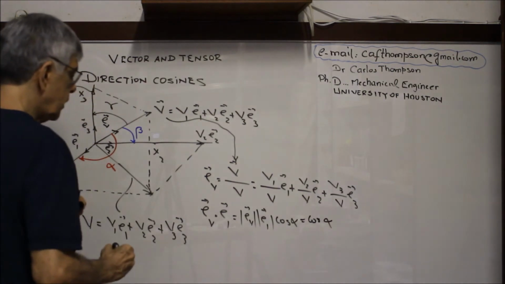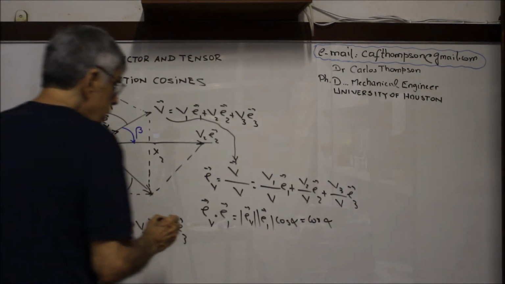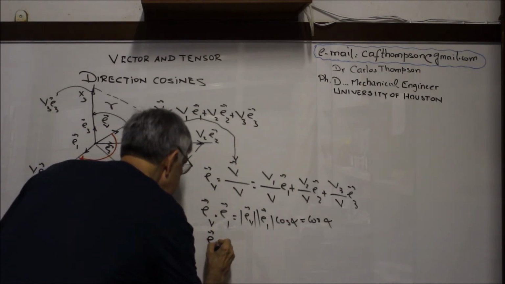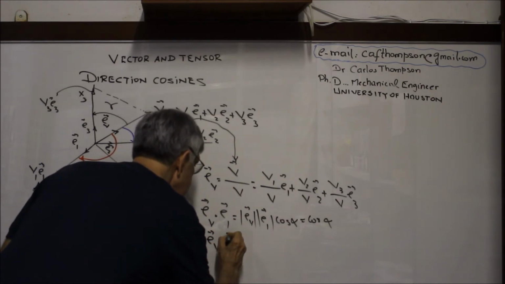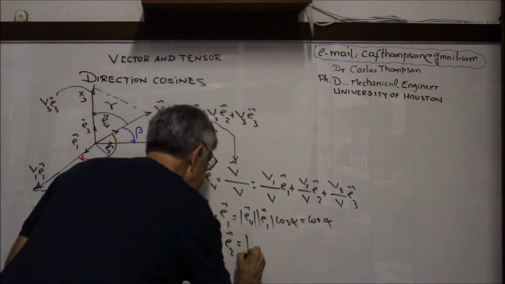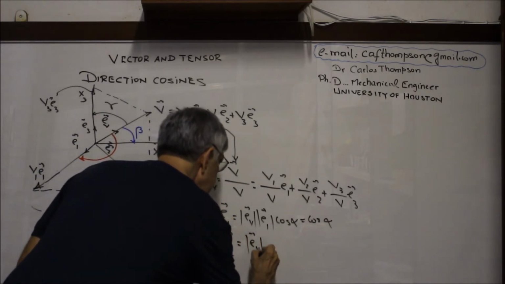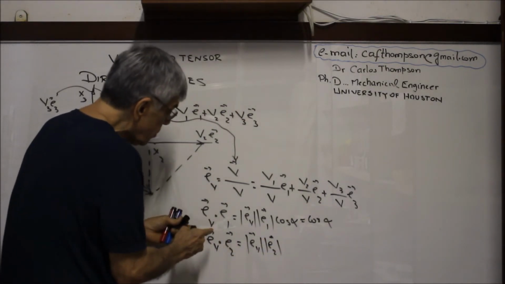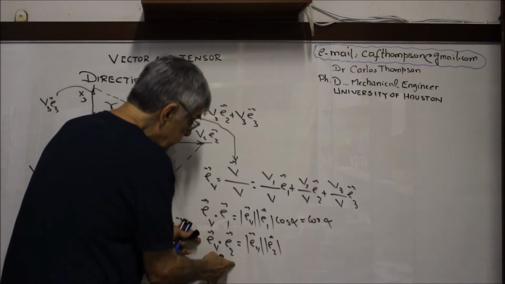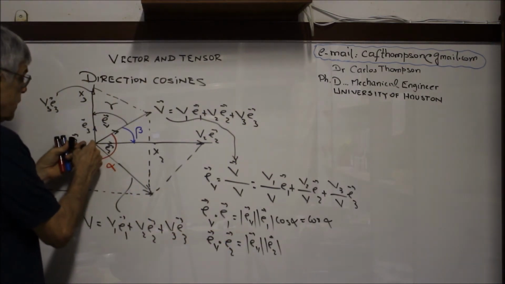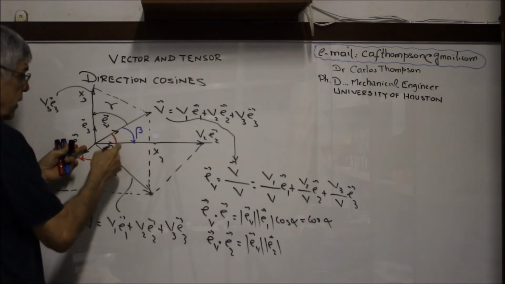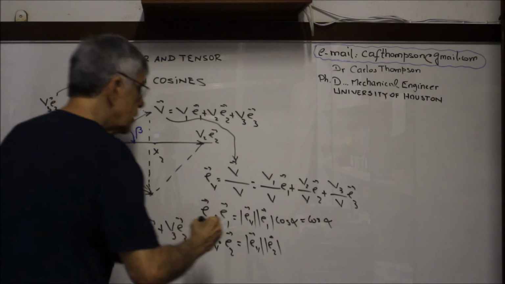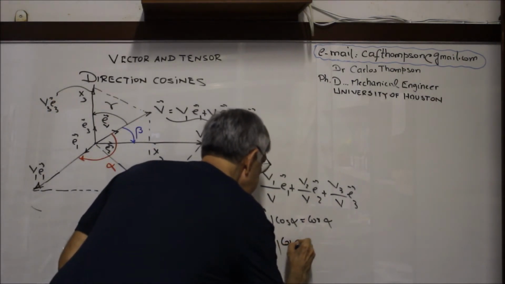So EV dot E1 is cosine of alpha. In the same way, EV dot E2 will be the magnitude of EV times the magnitude of E2 times the cosine of the angle between EV and E2. This is EV and here is E2, so it is cosine of beta.